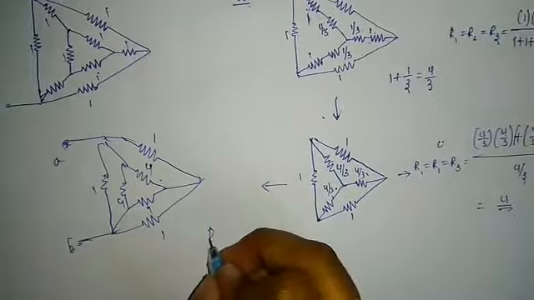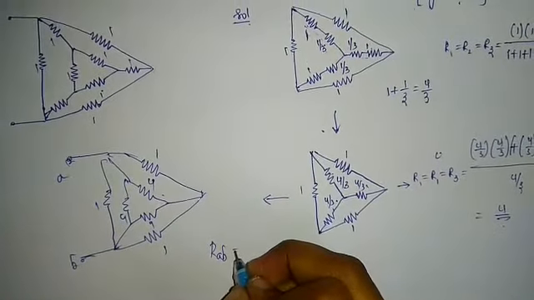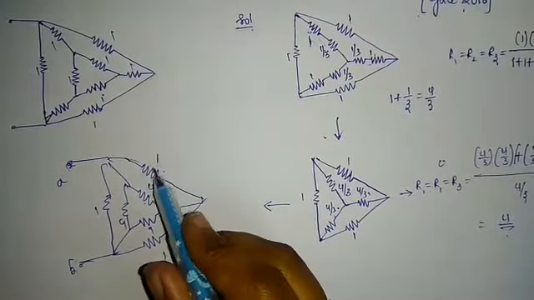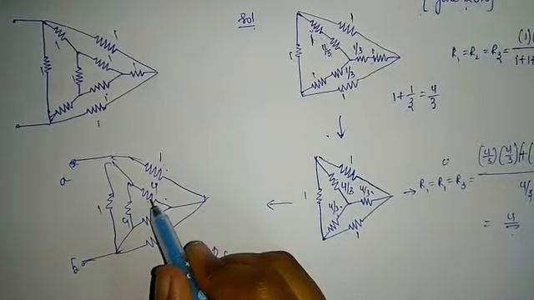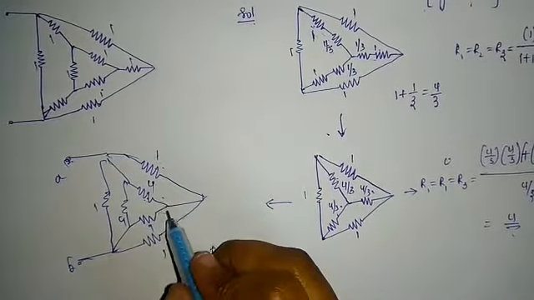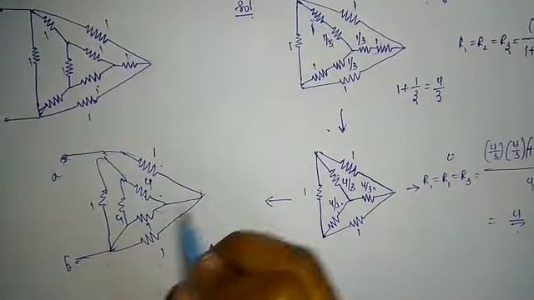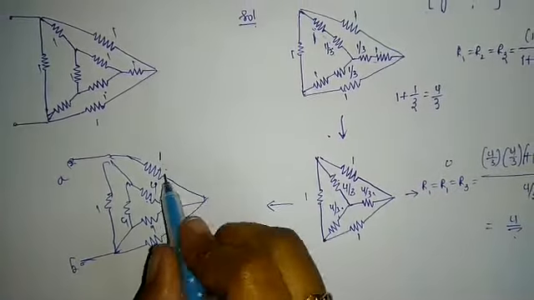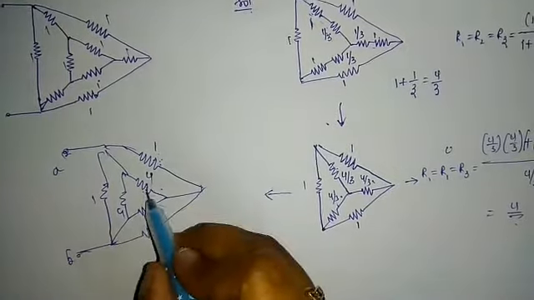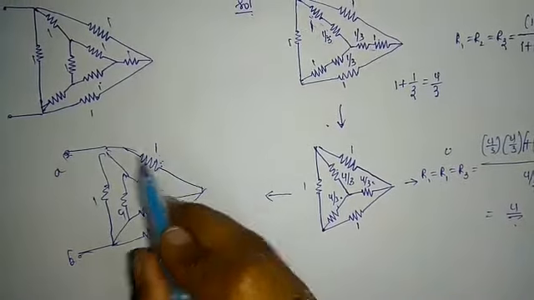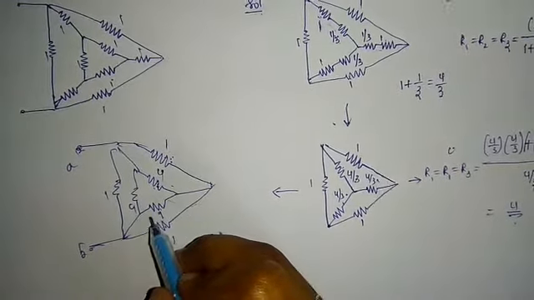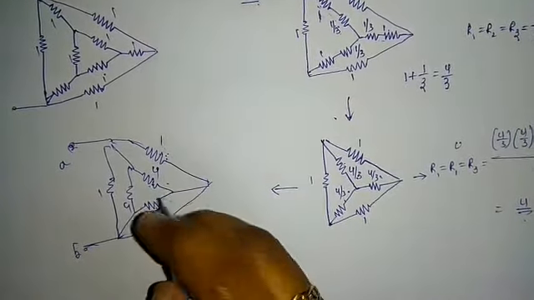And to find RAB, see here, this resistance and this resistance are parallel to each other. Also, when we observe the whole delta network, two sides of the resistances are in series with each other while these are parallel, and the other one side of the resistance will be in parallel to the remaining two resistances.